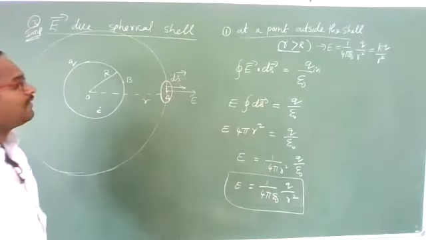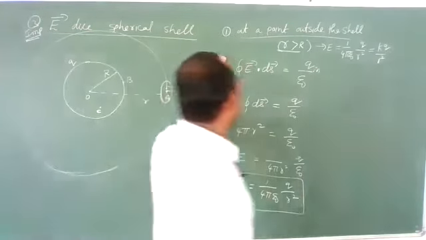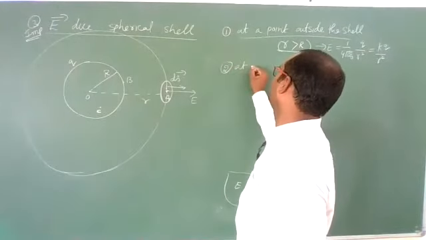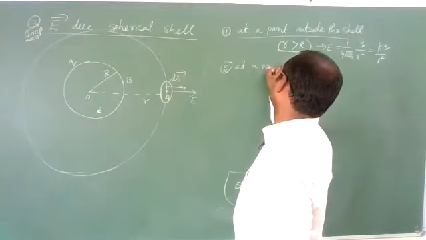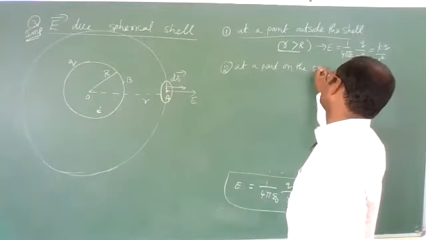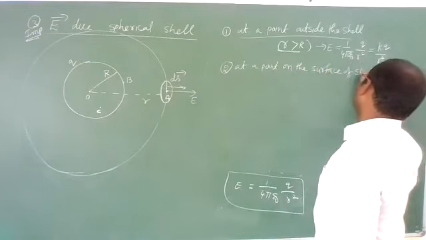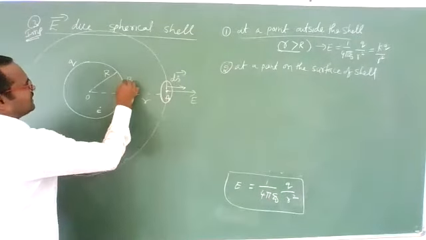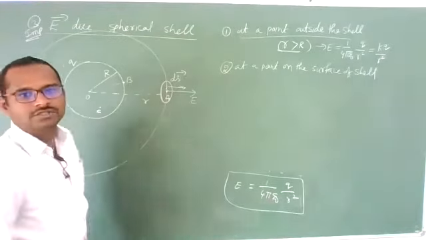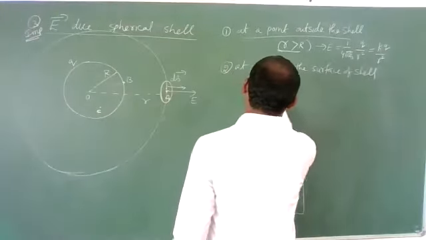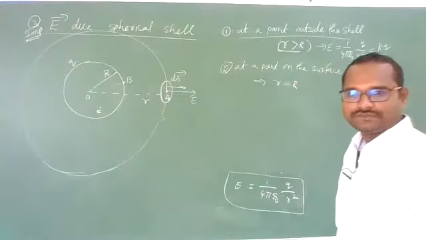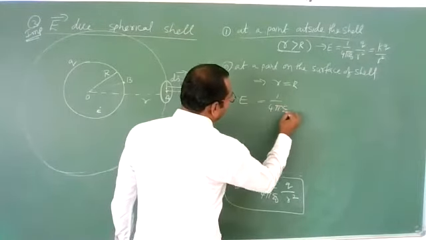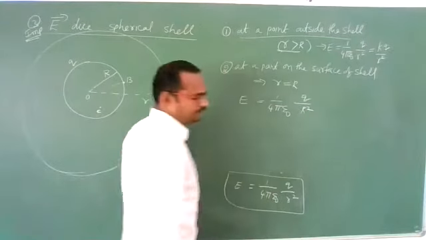Now let us find the field at a point on the surface of the shell, at point B. On the surface of the shell, any point you take, the distance small r will become capital R. Then the electric field will become 1 by 4 pi epsilon naught Q by capital R square.